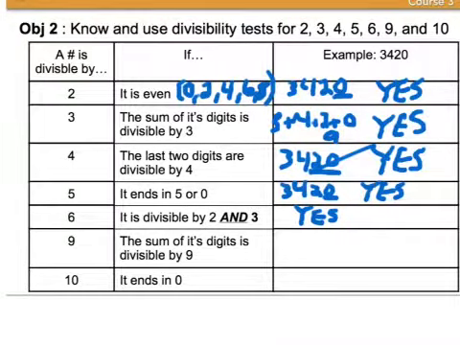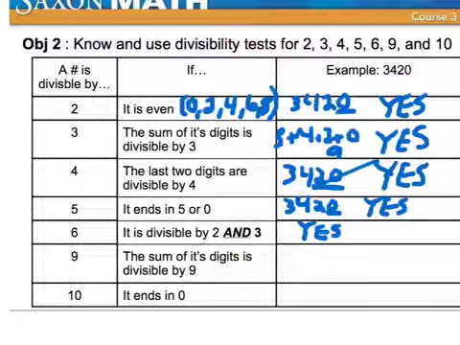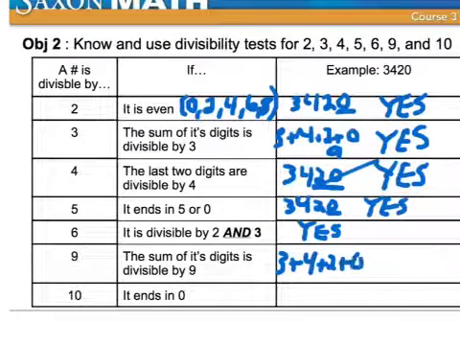So again, just like we did up here, we're going to add all the digits together and tell if that number is divisible by 9. So 3 plus 4 plus 2 plus 0 equals 9. Is 9 divisible by 9? 9 divided by 9 is 1. So the answer again is yes.